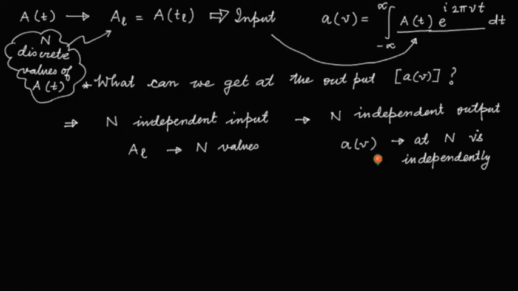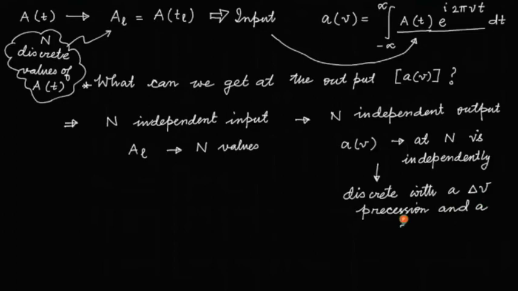So this also has to be discrete. And there is a nu max. We have gone through this once, so we don't need to explain again why there should be a delta nu and nu max, but there has to be, because I have a finite number of samples in the frequency domain as well.